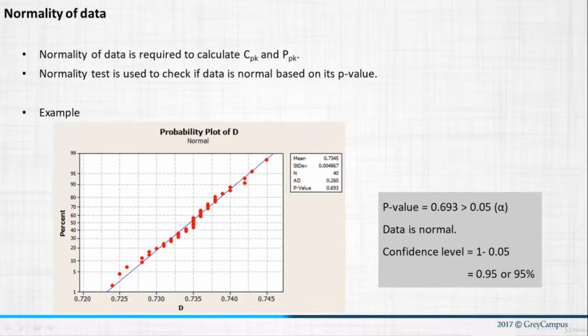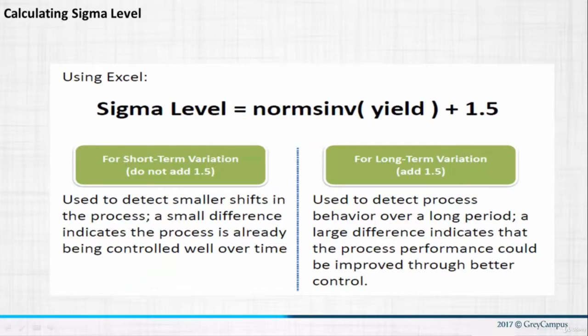In a later session, we'll get into what the p-value means and how we can use that. In Excel, this is the equation or function that you can use to include that 1.5 sigma shift. Remember, for short term, we do not include that because it is a theory over the long term of the process.